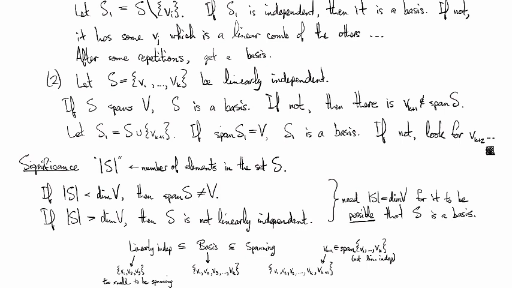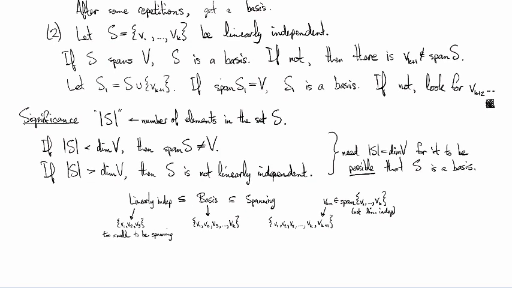So one way of thinking about dimension is the definition, that it is the number of elements in a basis. The other way of thinking about dimension is that it is the number of free parameters or coordinates that you need to specify something in terms of that set.